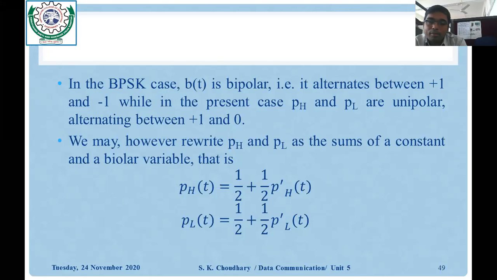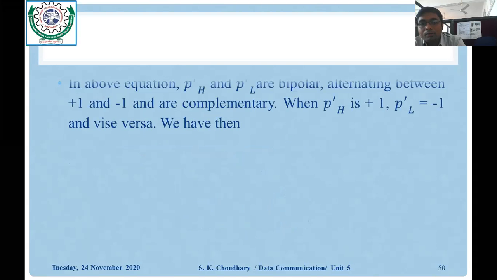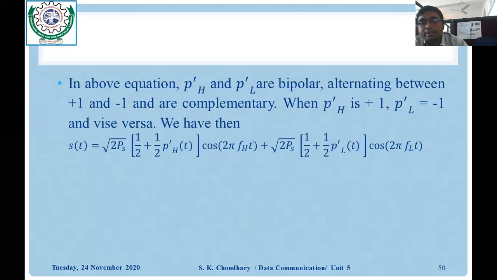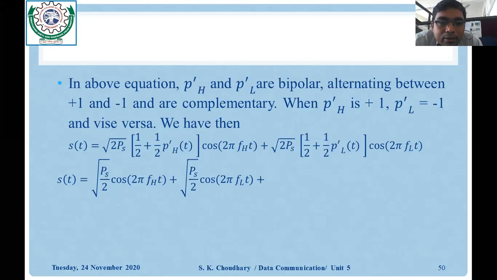Now using these terms, we have to rewrite the equation ST that we defined previously, that is square root of 2PS, replace PHT by 1/2 plus 1/2 P dash HT, and similarly replace PLT by 1/2 plus 1/2 P dash LT.